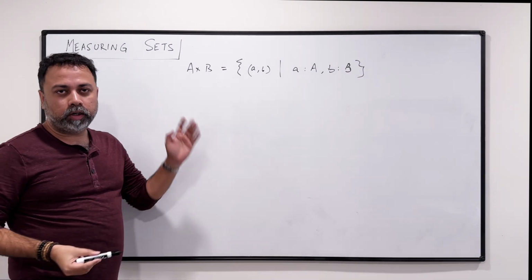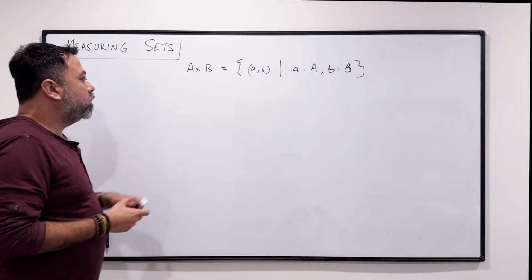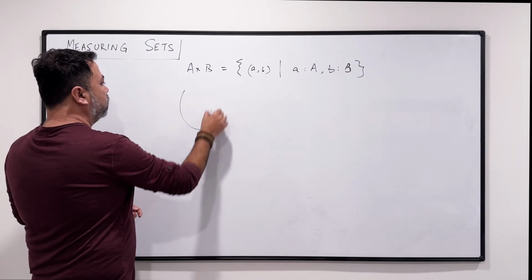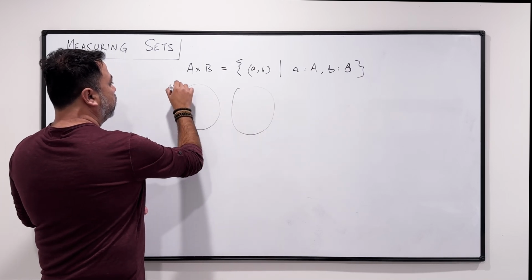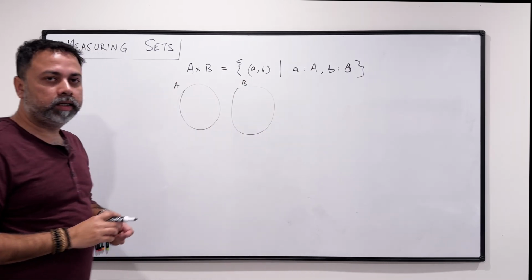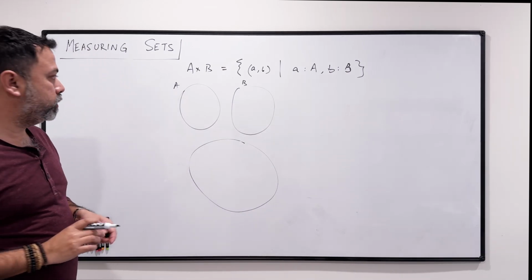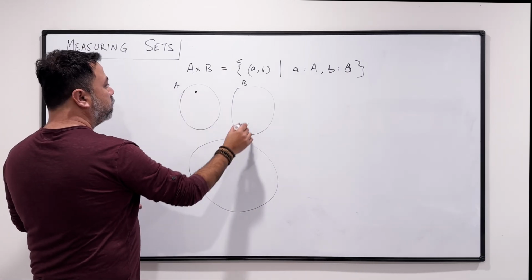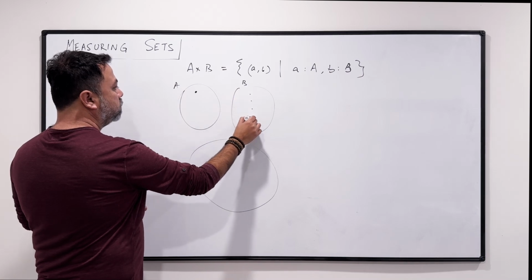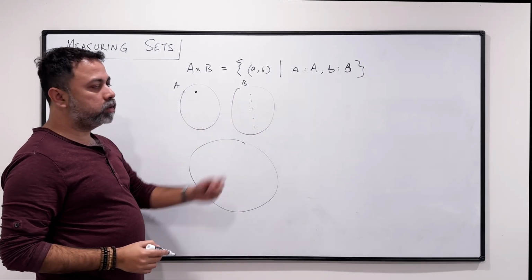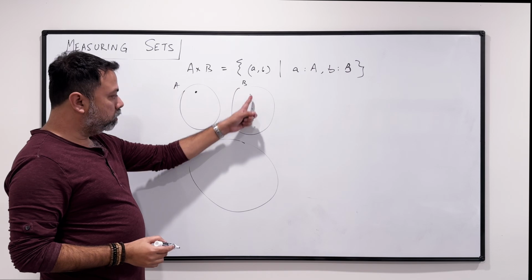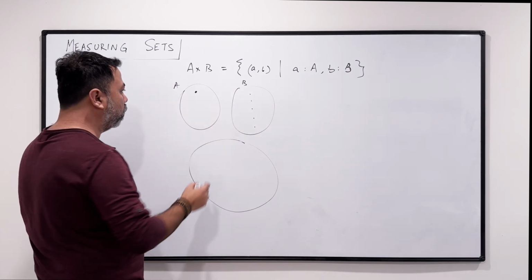This is the so-called cross product. What is a cross product? It's literally taking all possibilities from A and B and creating a new, much larger set.